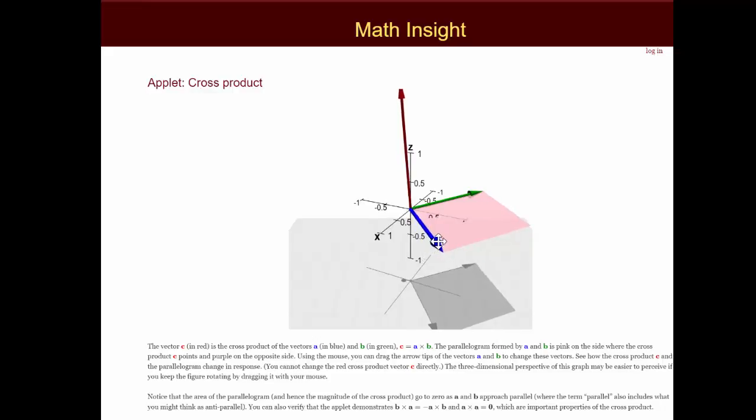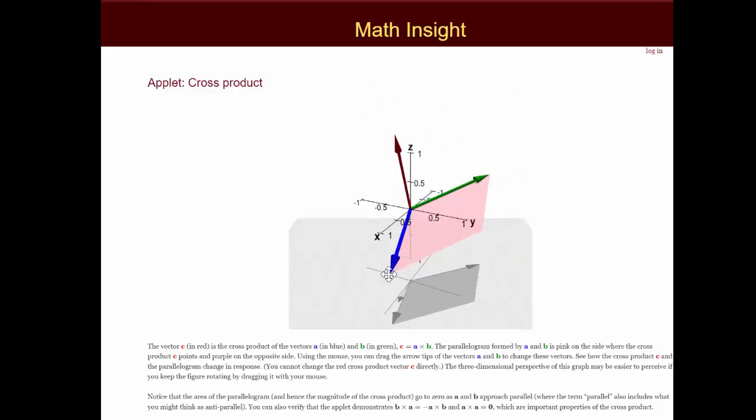Let's say that this is my vector A, and this green one here is my vector B. And you'll see that they create this plane or this parallelogram between the two. You can stretch it out. And the cross product, the length of it, is the area of this parallelogram.